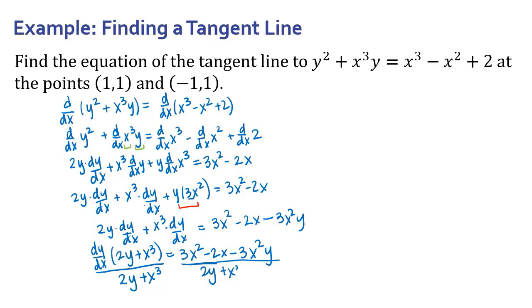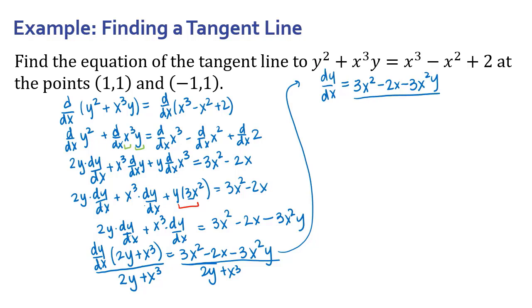So dy/dx equals 3x squared minus 2x minus 3x squared y, all over 2y plus x cubed. Now we can use these values to find the slope of the tangent at these specific points. Let's do that on the next slide.